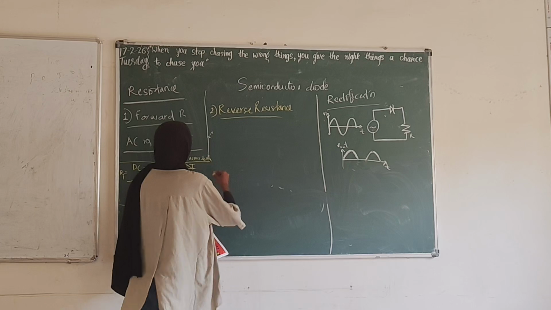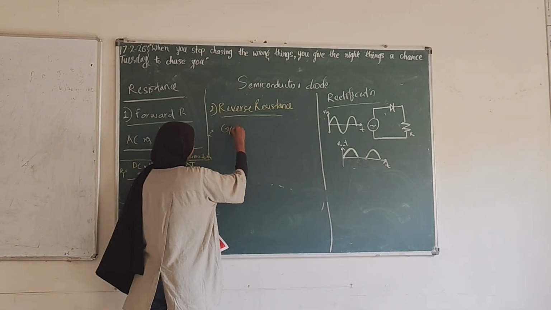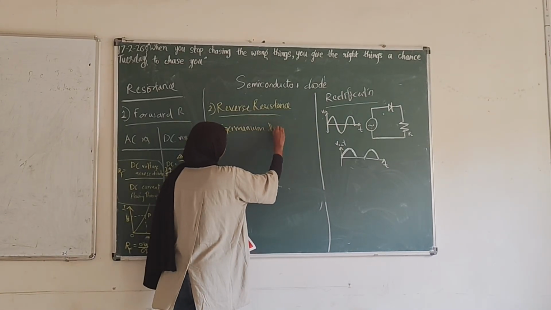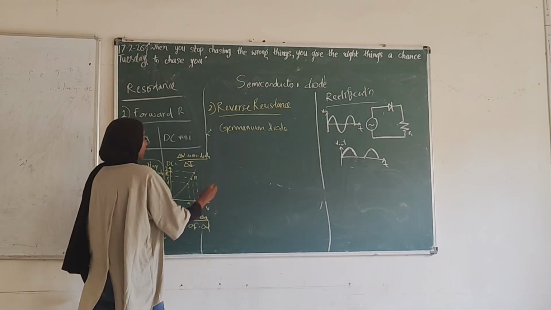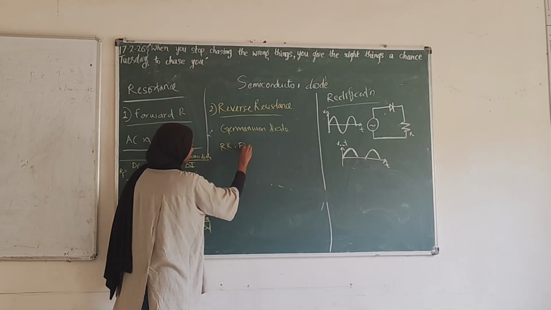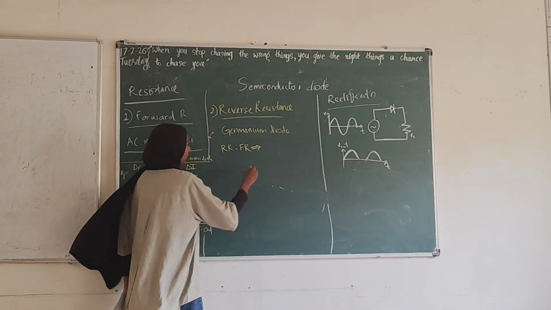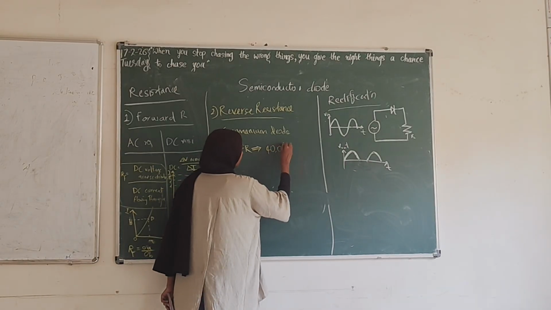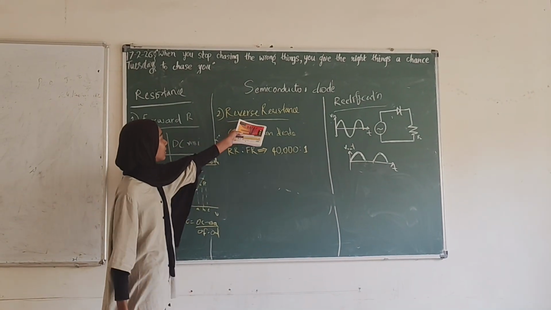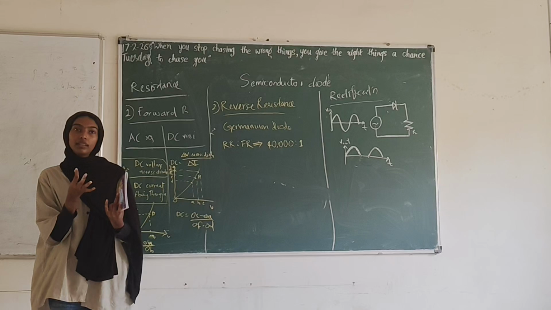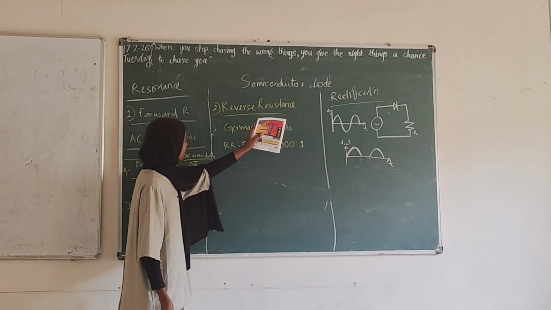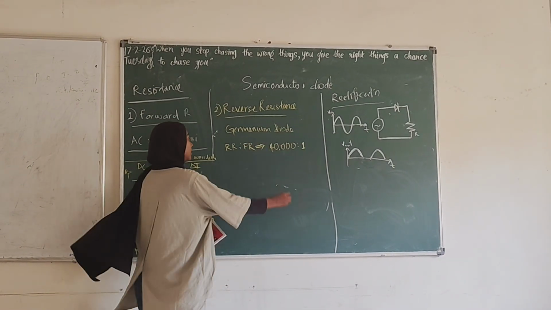If you are taking an example of a germanium diode and looking into the ratio of reverse resistance to forward resistance, we will get it as 4000 is to 1. This shows how much greater the reverse resistance is, because in reverse bias there will be no current flow. So the resistance will become infinite. Very high resistance will be here.